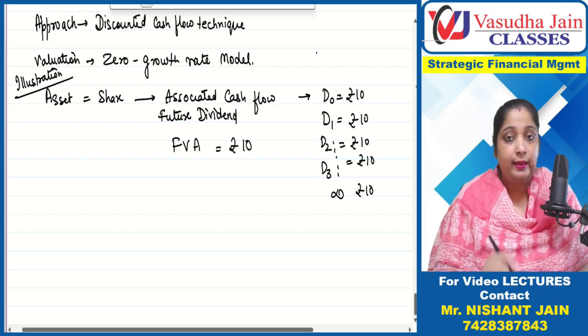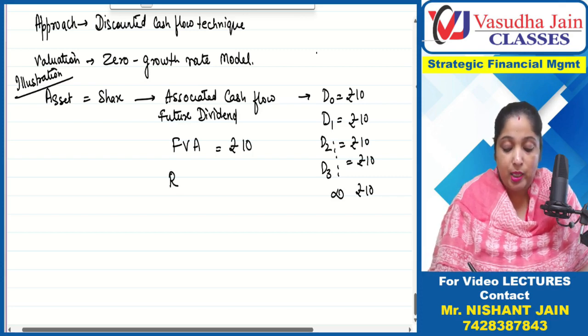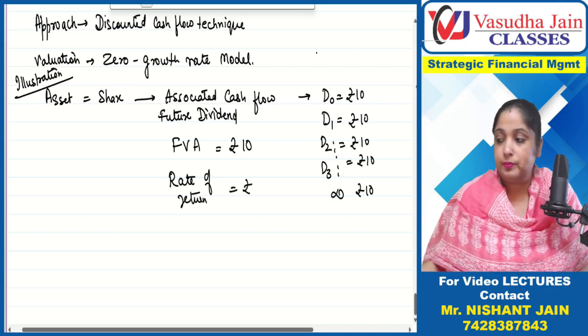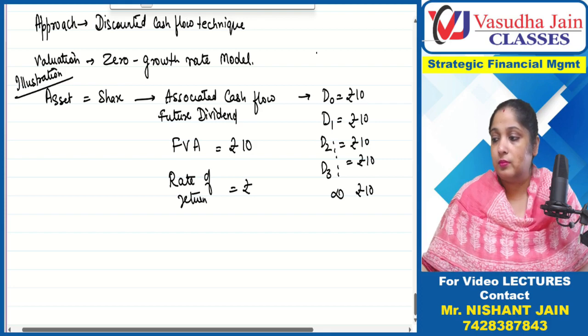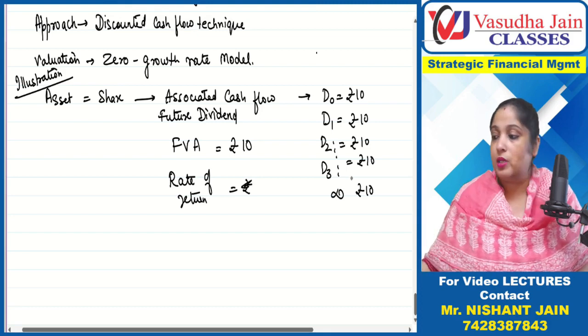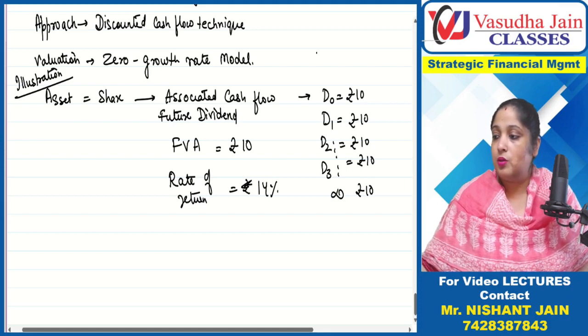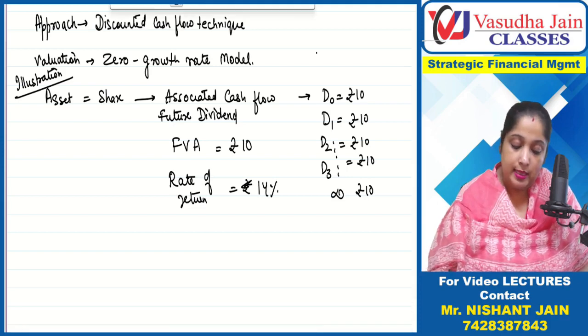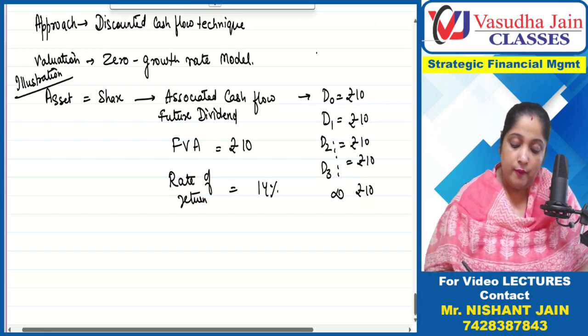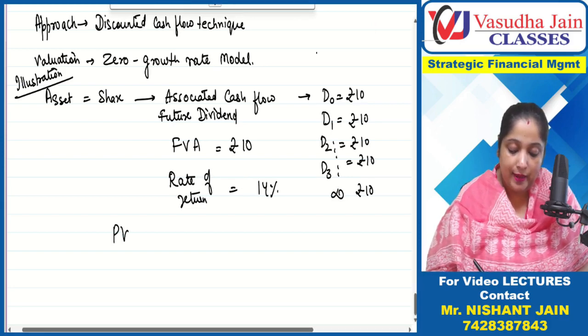Every year you will be getting 10 rupees of dividend, and the time value of money or rate of return is 14%. So very simple. What is the present value?